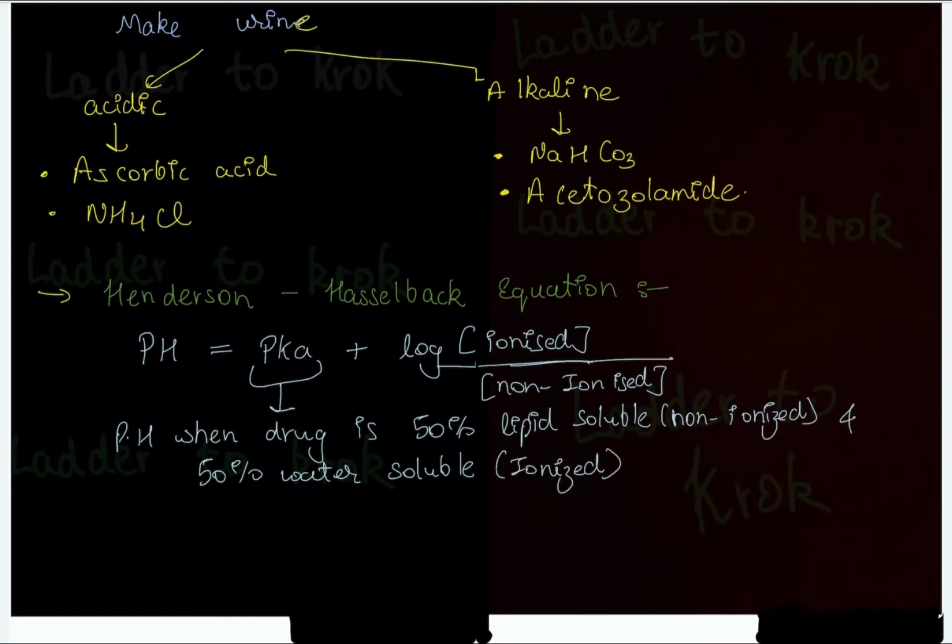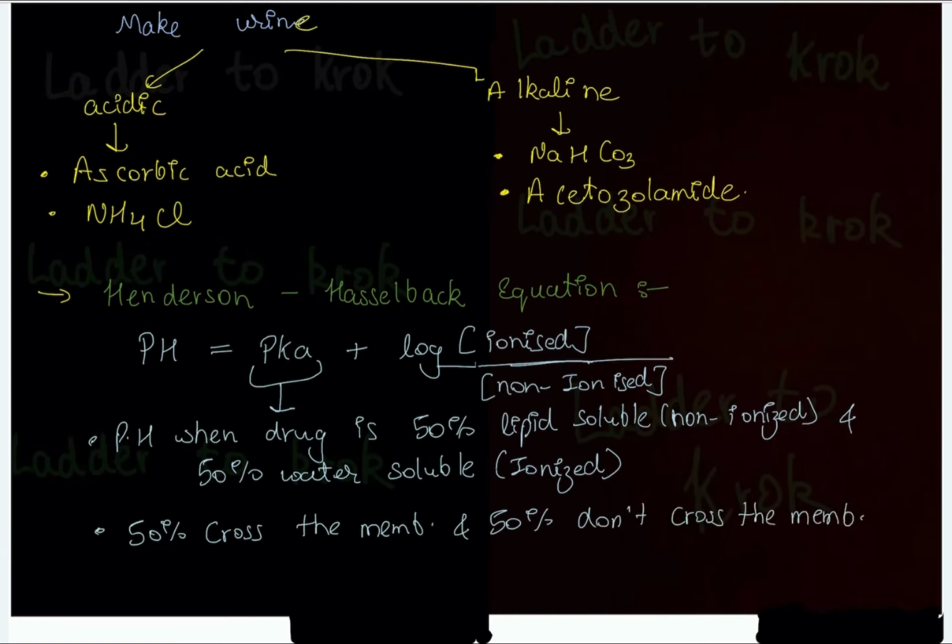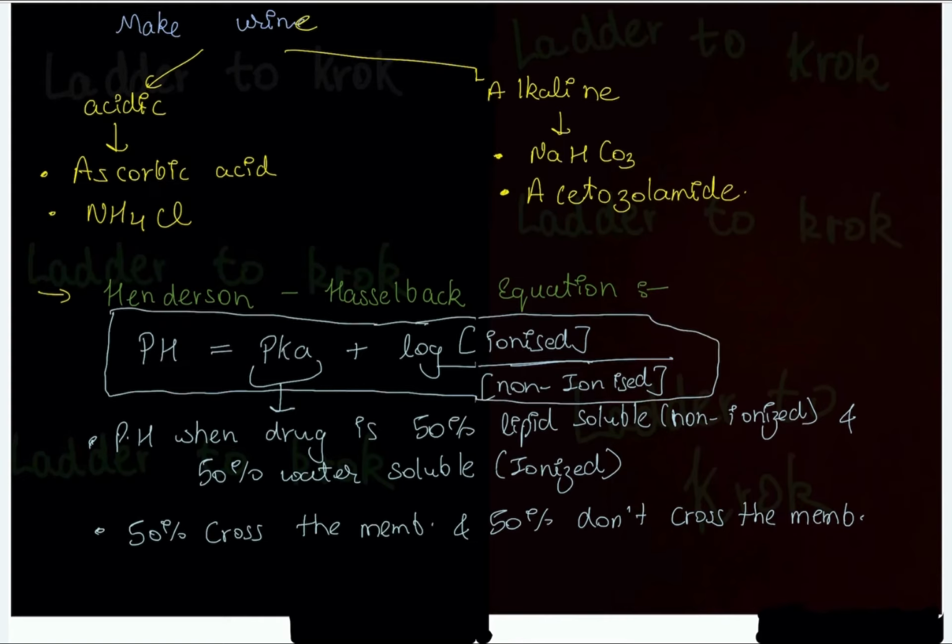We can also say it as when the drug is 50% crossing the membrane and 50% not crossing the membrane. So this is the Henderson-Hasselbalch equation: pH is equal to pKa plus log of ionized upon non-ionized.